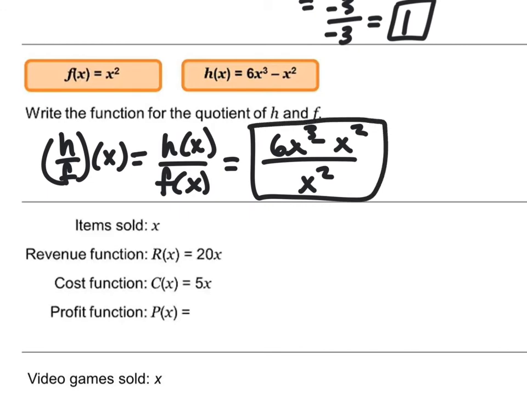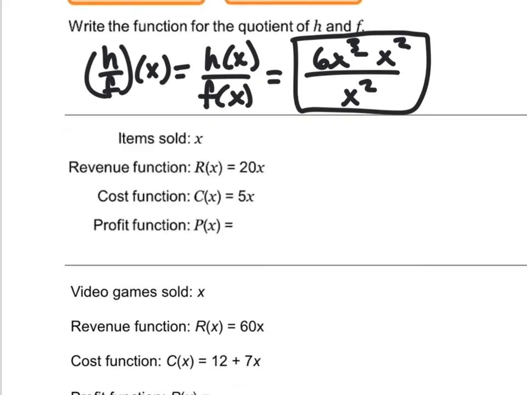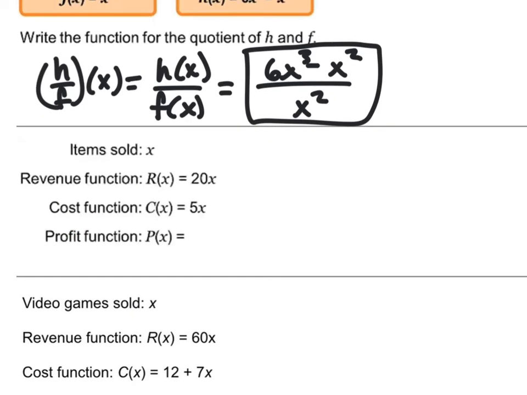What's that function? All right, on something like this, on a profit, let's just think about it. There's a formula for this. Profit, P of x, is equal to the revenue function minus the cost function.